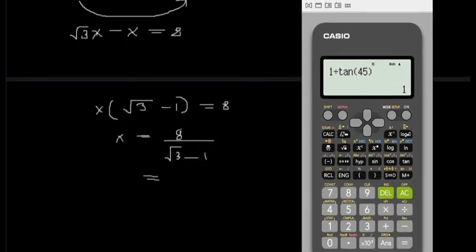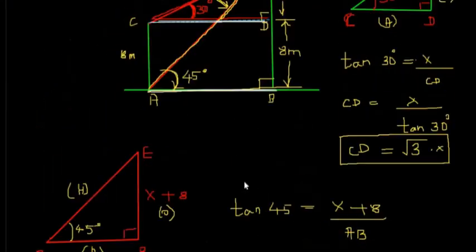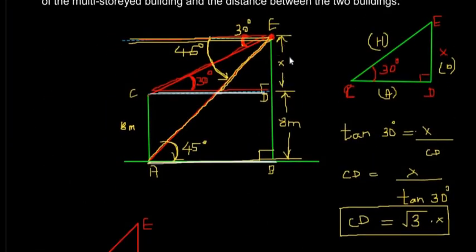We get 8 divided by square root of 3 minus 1, so we have 4 plus 4 root 3, or in decimals, we get 10.928 or 10.93 meters. So this small portion is 10.93 meters.